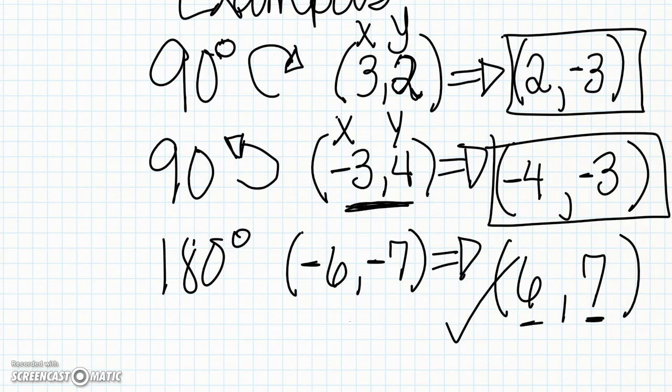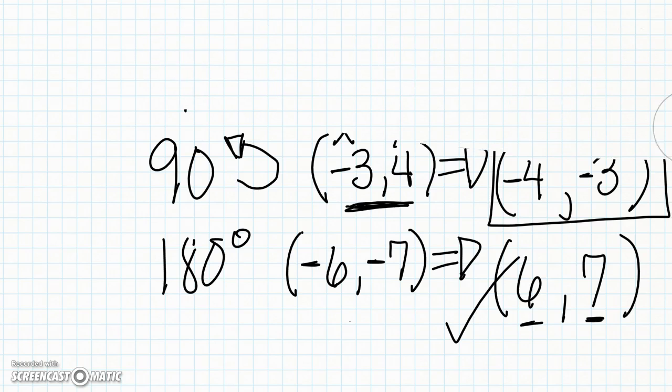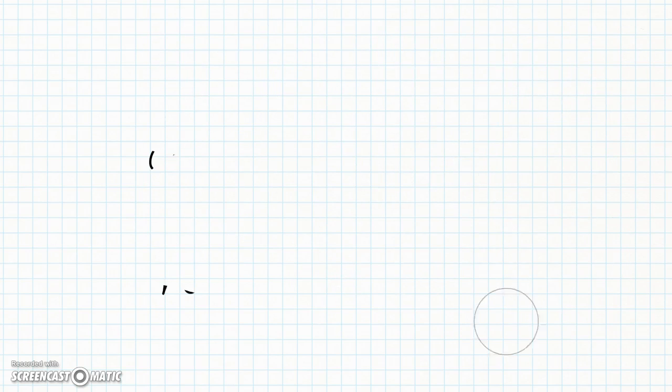You guys are going to do the your turns. So, let me erase this real quick. On that stapled worksheet that I passed out to you, you have your different rules for translations, for reflections, and for rotations. That's exactly what I just went over.